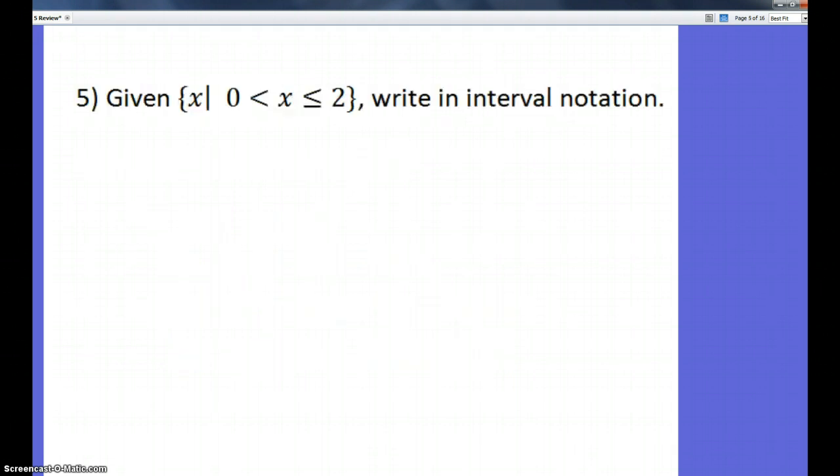Given that 0 is less than x and less than or equal to 2, write the interval notation. So we're going to list our two numbers. We've got 0 and we got 2. Because the 0 does not have equal, therefore, is it an open bracket or closed bracket? It has to be closed. Open.